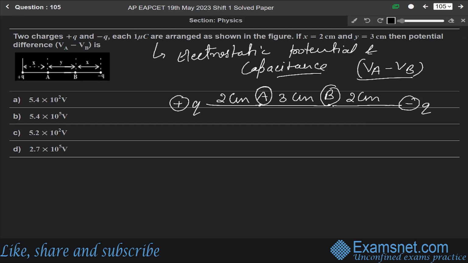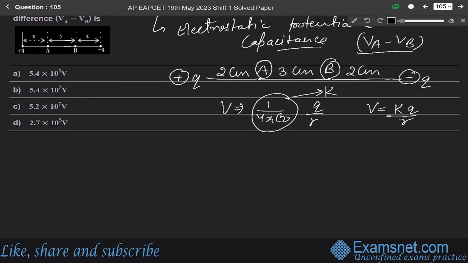We know that the formula for the potential is 1 over 4 pi epsilon naught Q over R. Taking this term as a constant, let us say K, we can write V equals KQ over R. This constant term 1 over 4 pi epsilon naught is equal to 9 into 10 to the power 9.